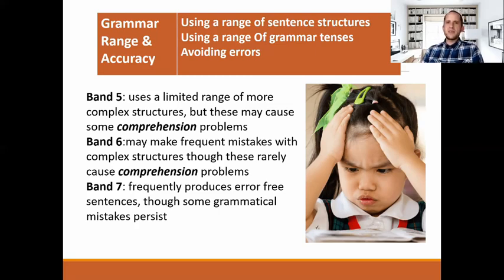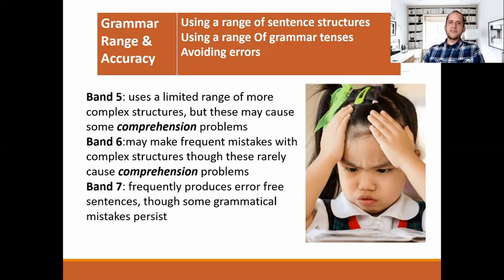So here within the structures, you might be confusing the examiner a little bit. He's going to award you a band 5. Now, a lot of us are really worried about mistakes. However, if we have a look at band 6, we can still get awarded a band 6, making frequent mistakes with complex structures. And mistakes are a natural part of learning. They're also a natural part of speech. We all make them.